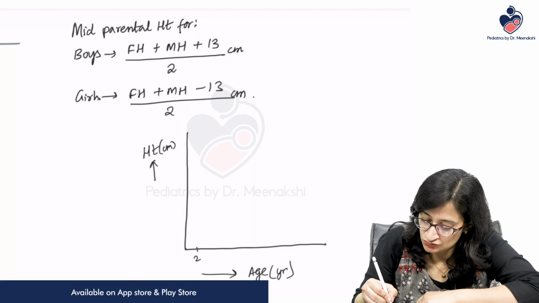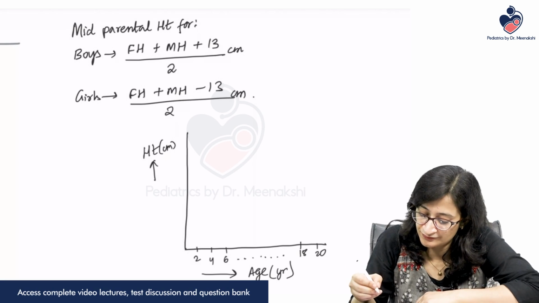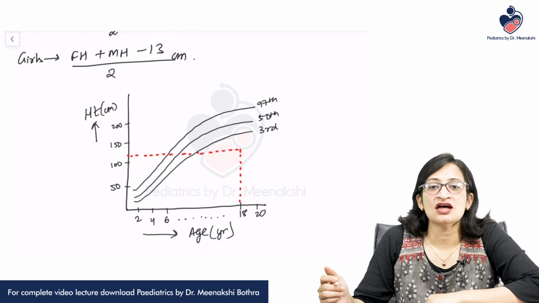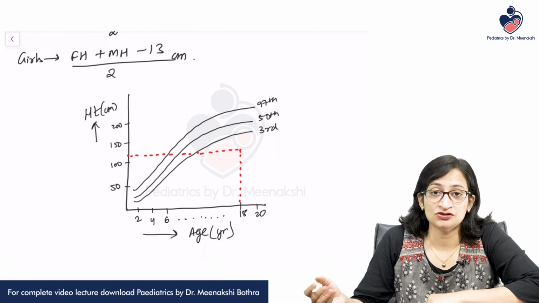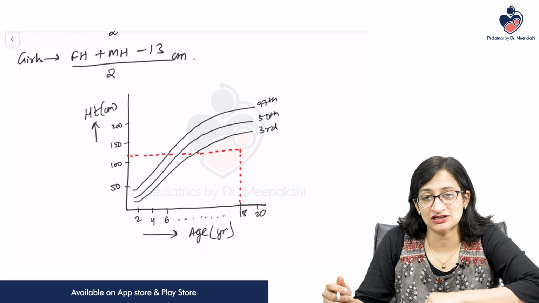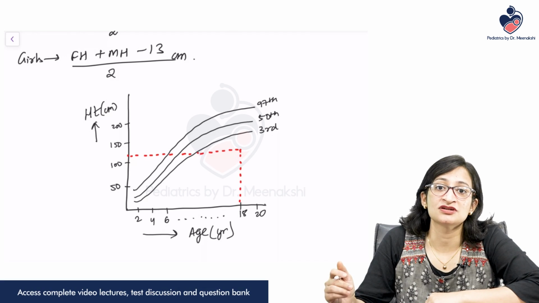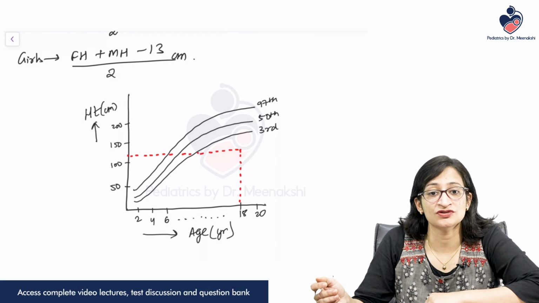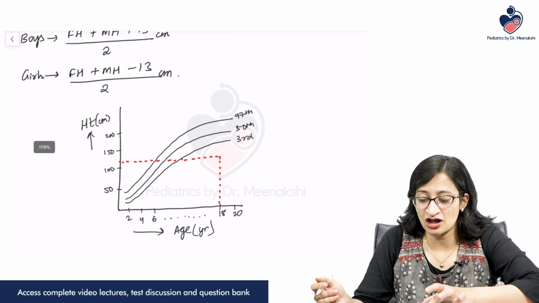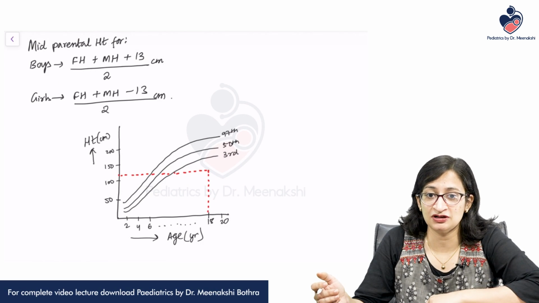So you have say 2 years, 4 years, 6 years, 8 years and so on. You have it till 18 years or 20 years of age. Okay. So let us have some idea about this familial short stature. So we said that the child's height is less than what is expected according to his age and sex, but it is normal as per his target height based on the height of his parents. So the target height is based on the mid-parental height. So this is the formula for the mid-parental height.